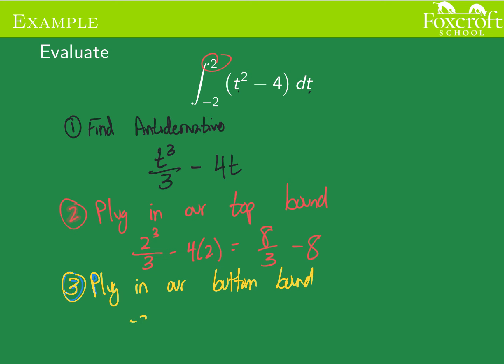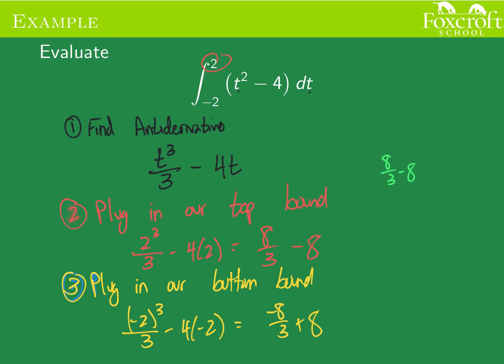That's going to be -2 cubed over 3 minus 4 times -2, and it's going to be -8 over 3 plus 8. And then I subtract these two things. So I'm going to take the top bound and subtract the bottom bound.